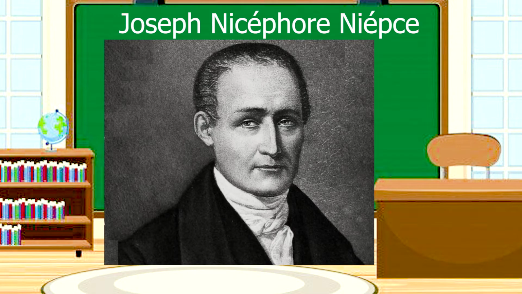Joseph Niepce used a portable camera obscura to expose a pewter plate coated with bitumen to light. This is the first recorded image that did not fade quickly. Niepce's success led to a number of other experiments, and photography progressed very rapidly.